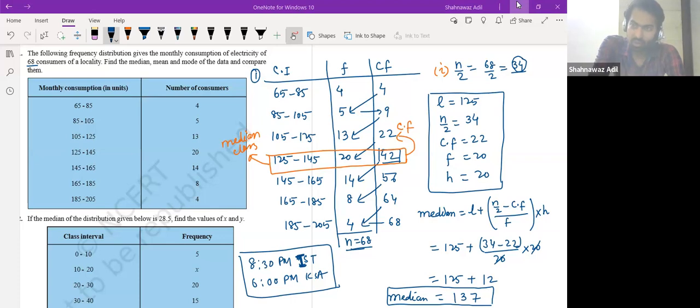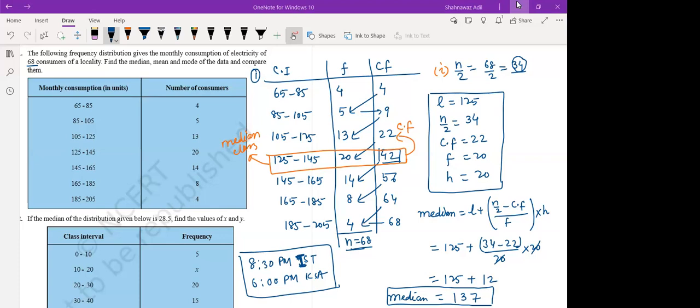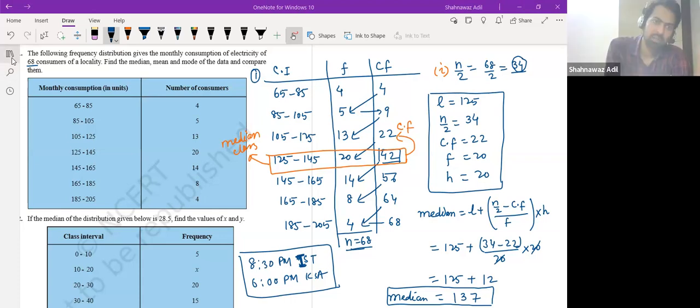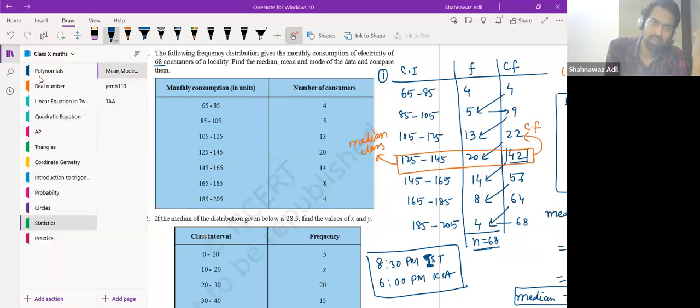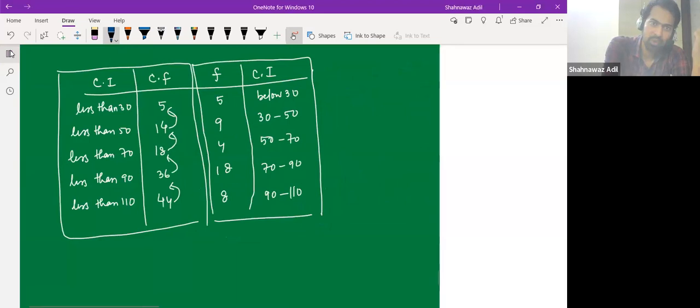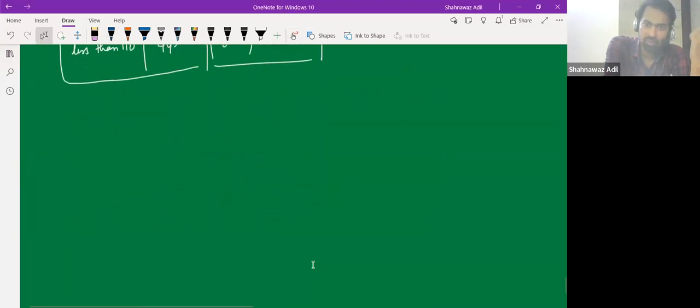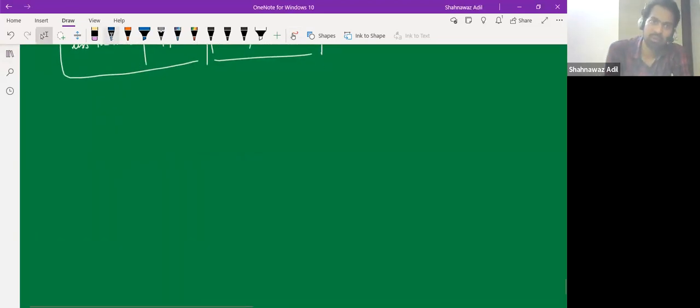Amar, Talha. Yes. So now let me give a quick revision. So what did we do? First we calculated the central tendency, right?